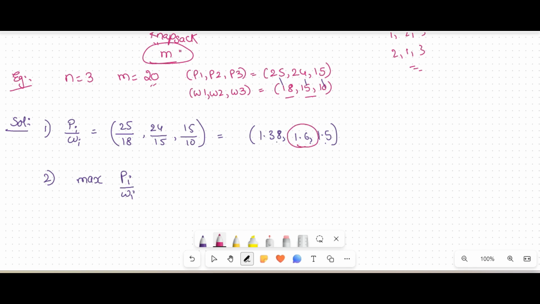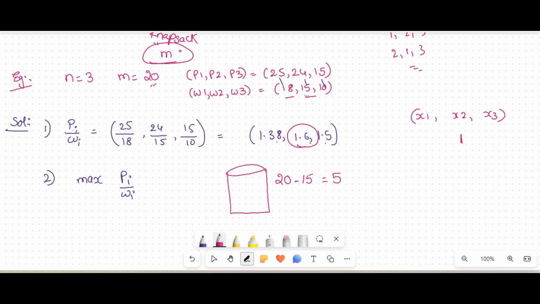So to the knapsack, with x1, x2, x3, we first add the second object fully, so x2 is 1. The actual total capacity is 20, and the second object we have added has weight 15.